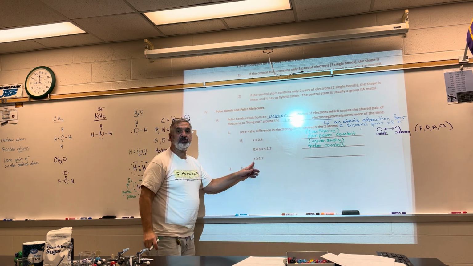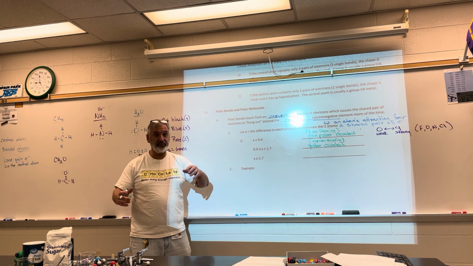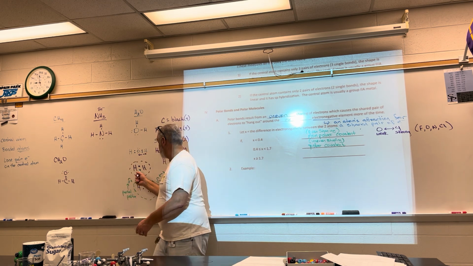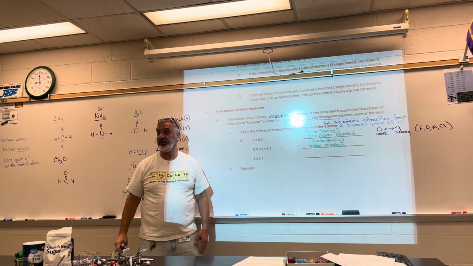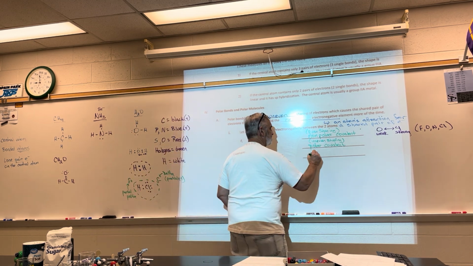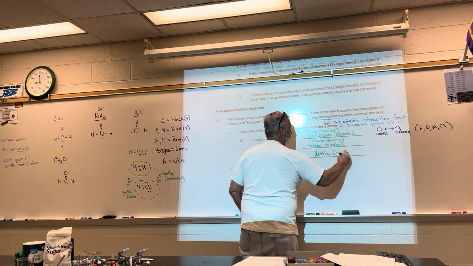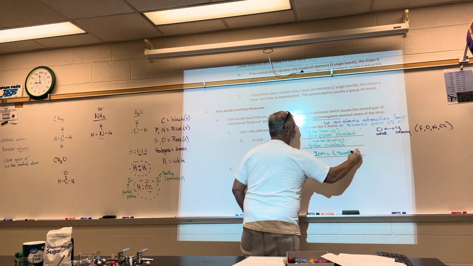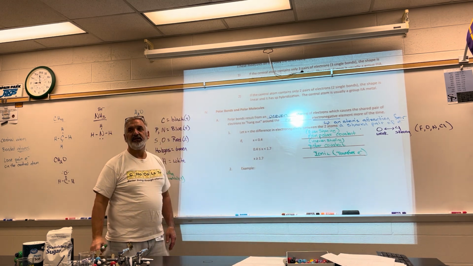But if there's a huge difference, greater than 1.7, a big difference between the two elements, what type of bond is that going to be? Ionic. That's going to be a transfer of electrons.